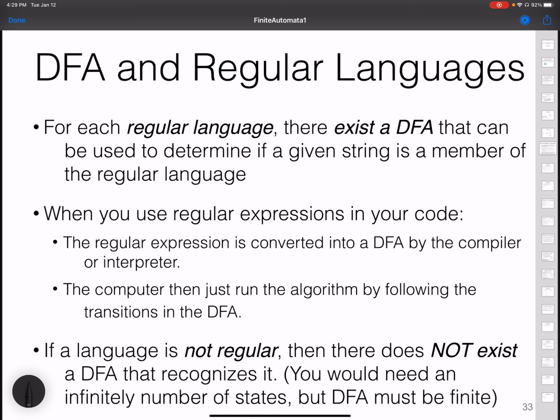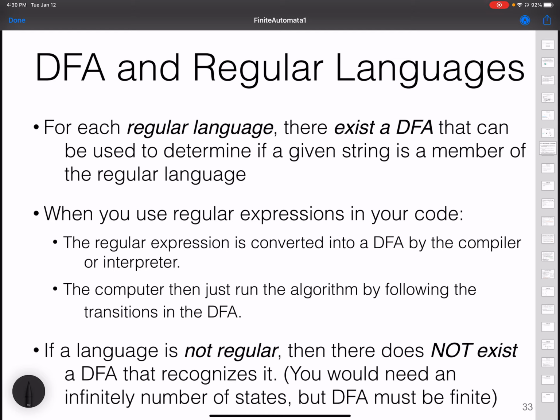Yes, regular expressions are also a representation of regular languages. Basically, when you write a regular expression, the computer will convert it to some simulator, like a DFA simulator, and then execute it. So regular expressions are another representation of regular languages, and they are equivalent to deterministic finite states.